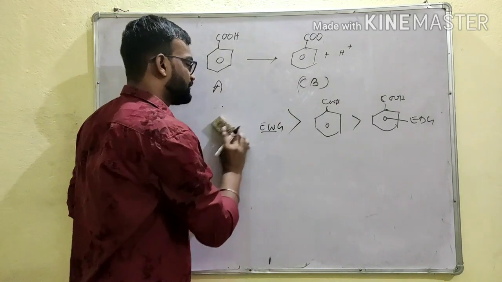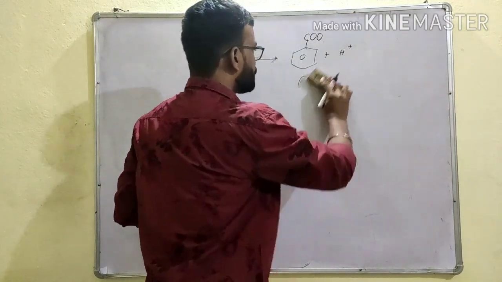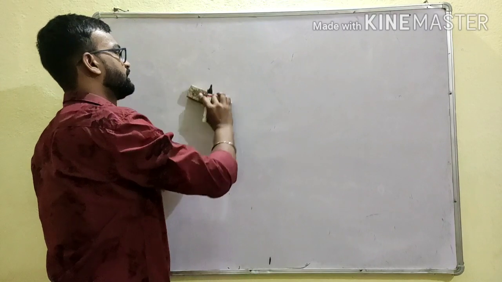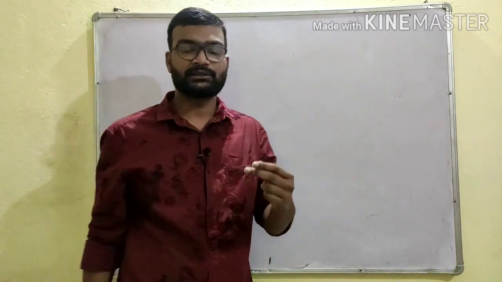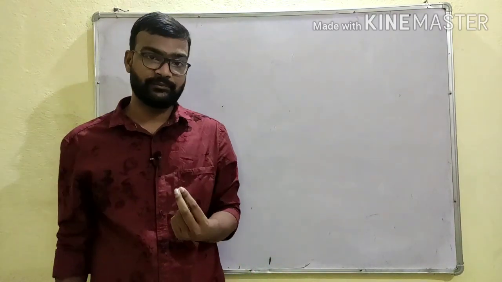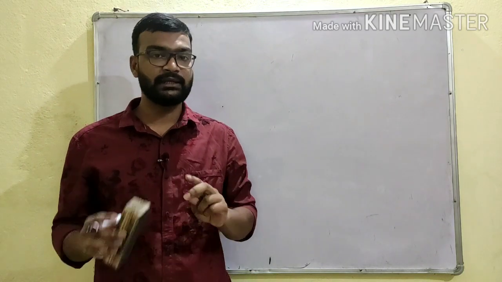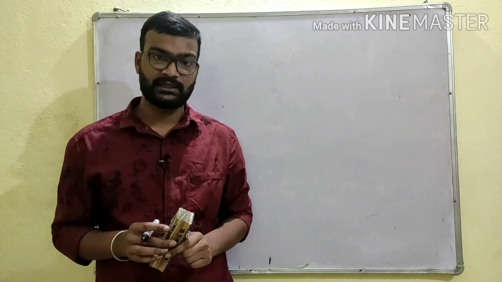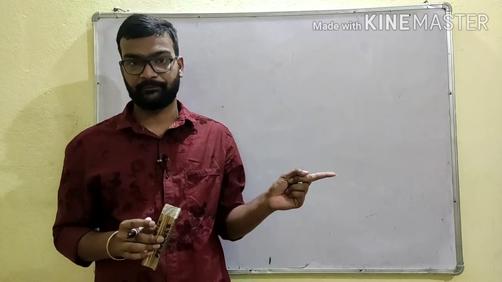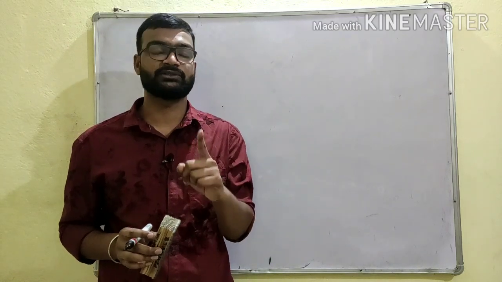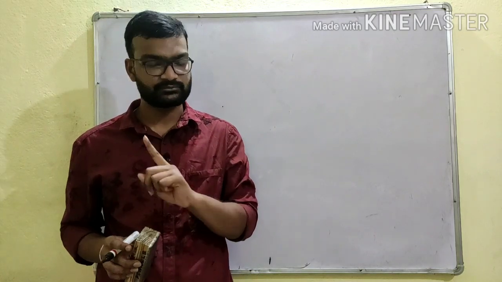Okay, so now what is the ortho effect? The ortho effect states that any acid in which there is an ortho substituted group, any ortho substituted benzoic acid, that means it's very acidic. I said earlier that the ortho effect is only applicable to benzoic acid, right?